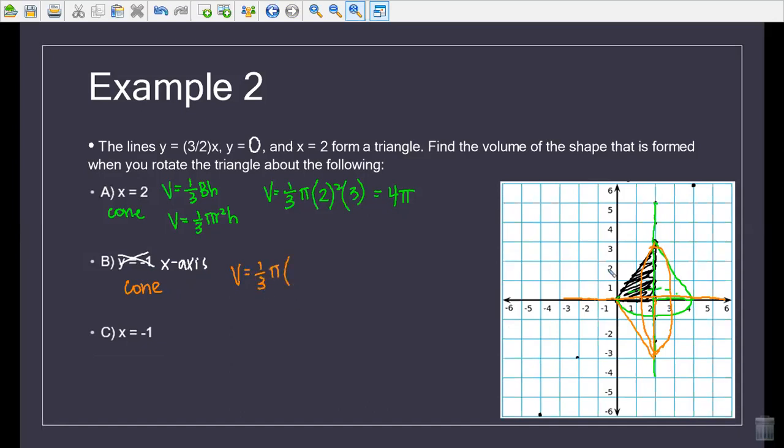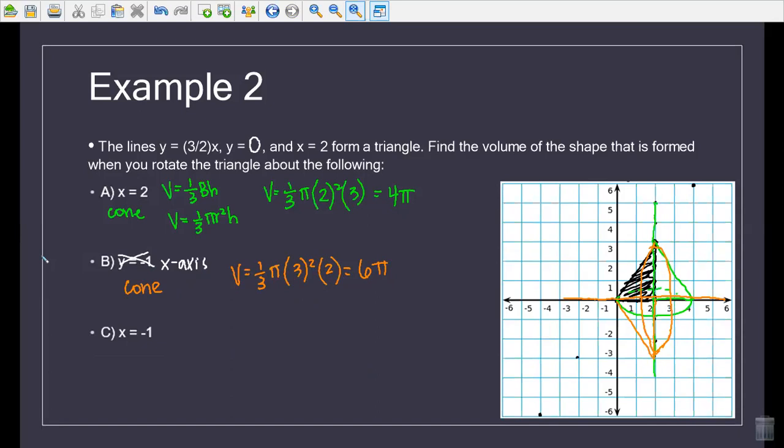Now the radius this time switches. So my radius this time is the right side of my triangle there, which is 3. And now my height is the other leg, which is 2. Well, 3 squared is 9. 9 times 2 is 18. 1/3 of 18 is 6. So my volume is 6 pi.